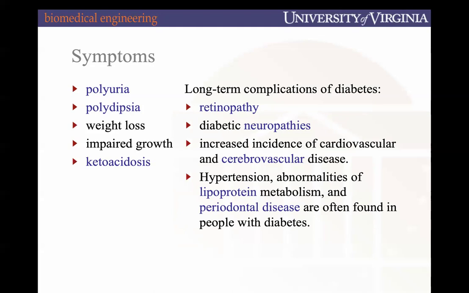As a result of that excessive loss of water due to this osmotic pressure, polyuria is going to drive polydipsia. It's going to cause excessive thirst among these diabetic patients.